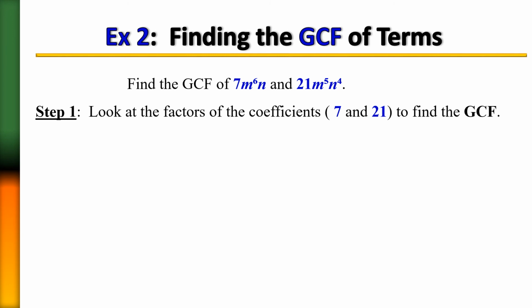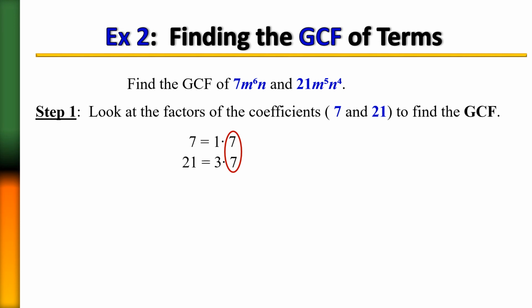And if you break them down into products, 1 times 7 is 7. 3 times 7 is 21, and we can see here that these two numbers share a 7 in common. So therefore, in terms of the numerical part, 7 is the GCF.